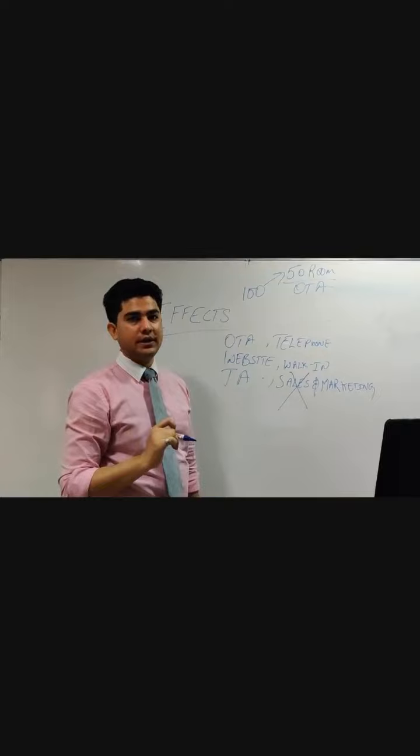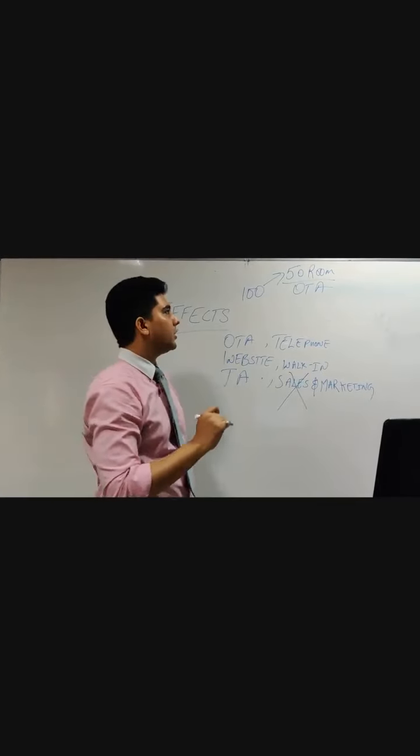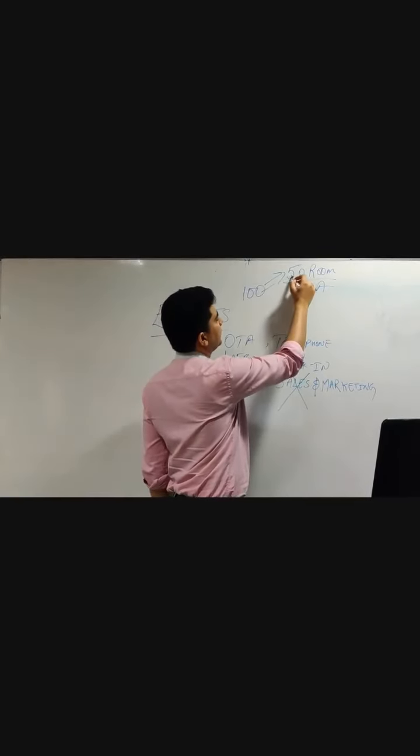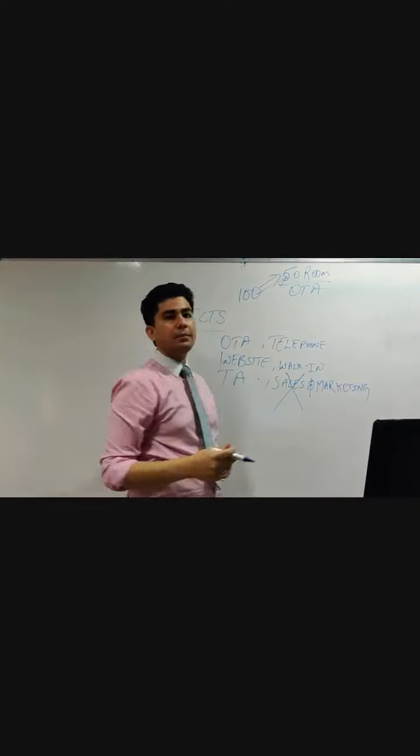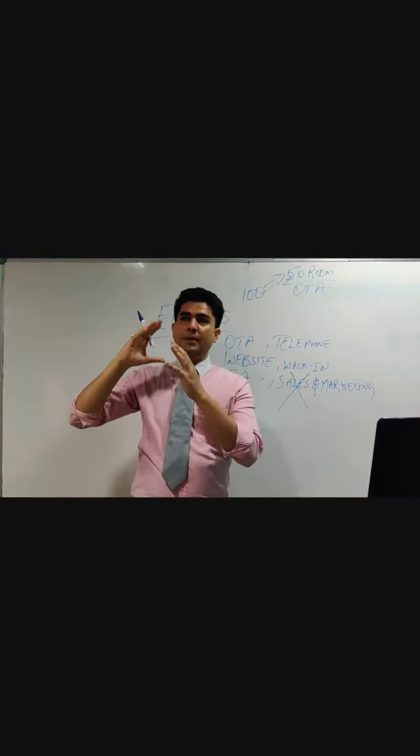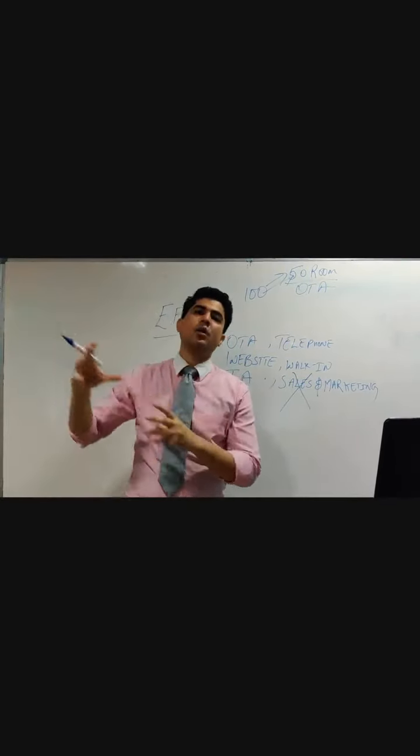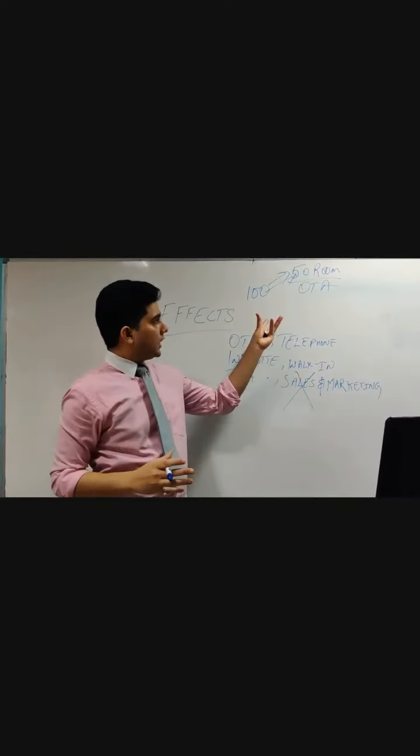You need to understand where you are lacking, because if you are already filling 50% of rooms, that means you are giving away a big part of your revenue as commission.